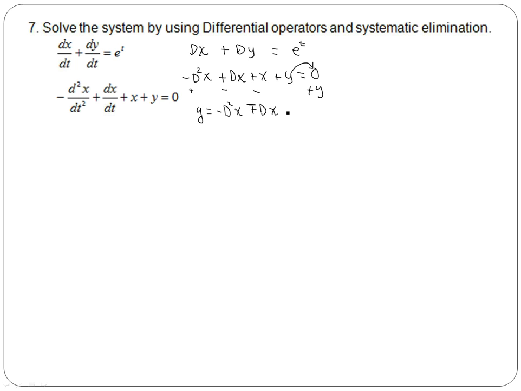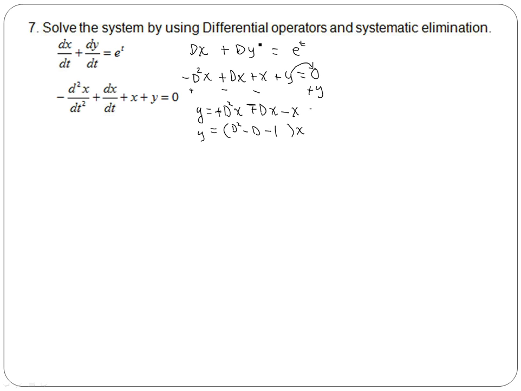Minus Dx minus x. That changes to a plus and a minus. I'm going to write this by factoring out the x as D squared minus D minus 1 times x.